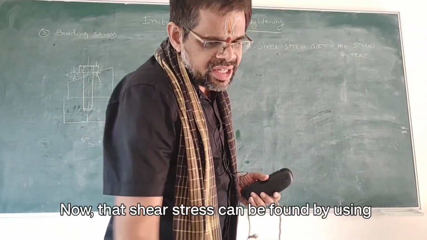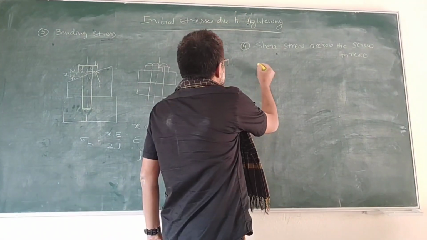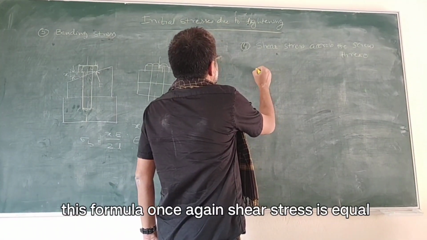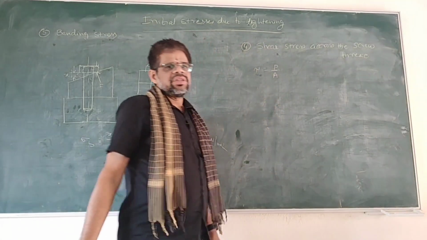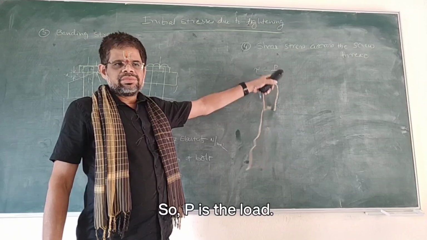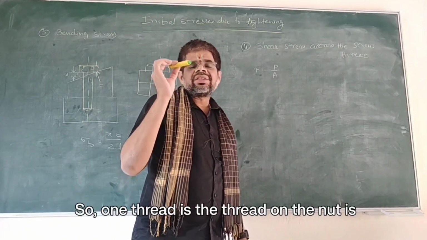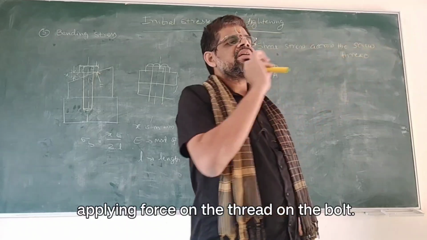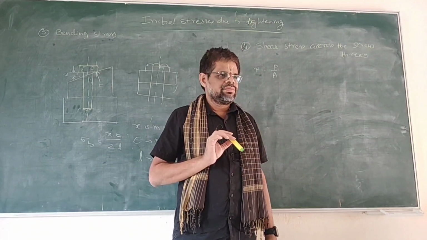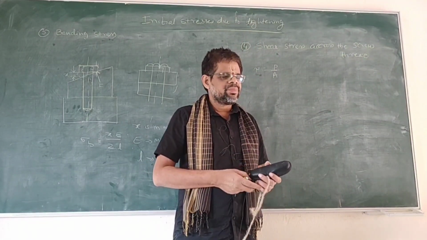Okay, now that shear stress can be found by using this formula. Once again, shear stress is equal to P by area. So P is the load. So the thread on the nut is applying force on the thread on the bolt. That's what I am saying now.